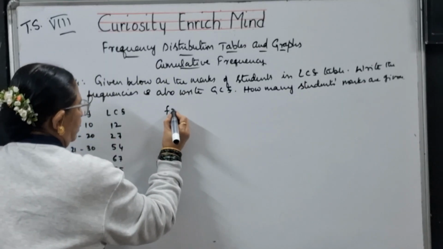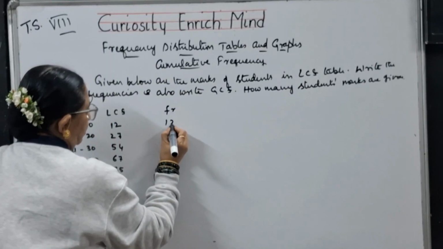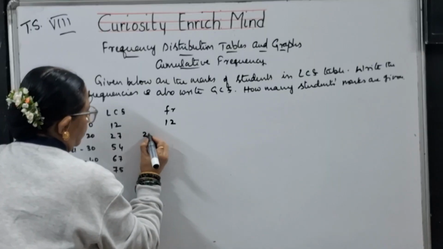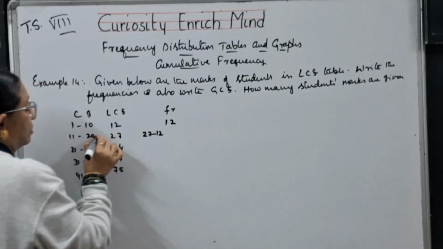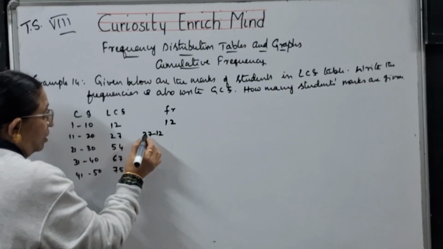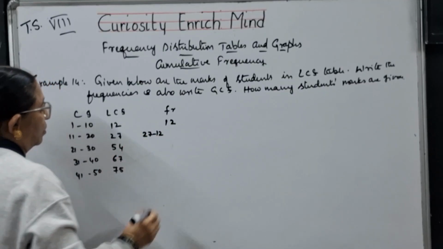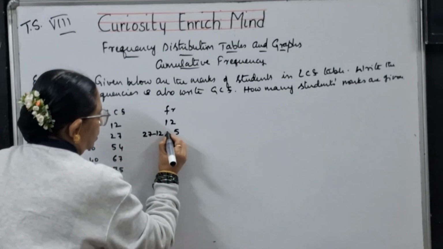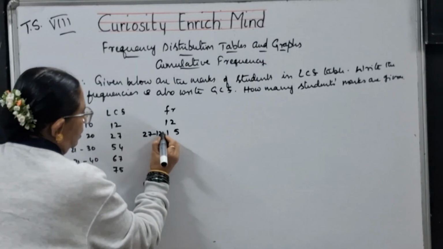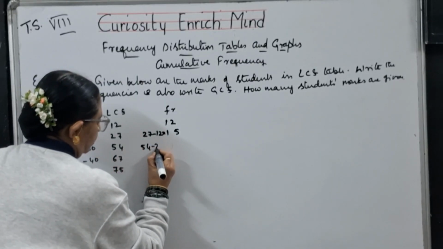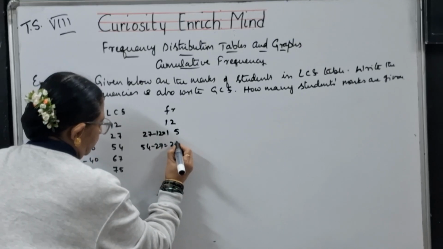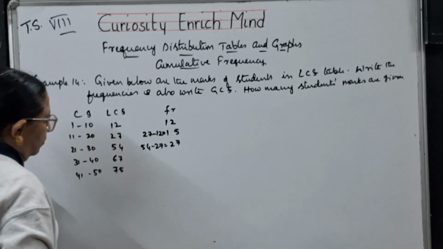So the frequency, the first one is 12. The second one is 27 minus 12. Earlier you added numbers, now you subtract: 27 minus 12 is 15. Then 54 minus 27 is 27.